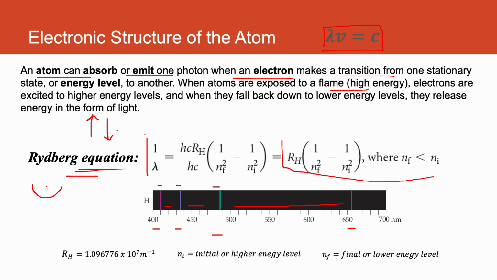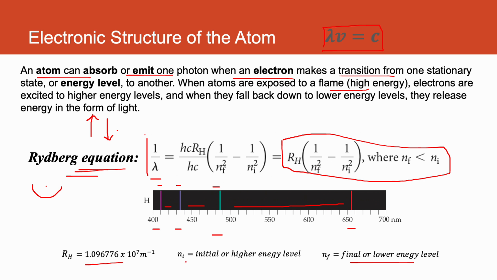Okay, so you have your 1 over lambda or your wavelength equals your Rydberg constant, which is 1.09667 times 10 raised to 7 meter negative 1, no? So 1 over meter, times 1 over nf squared, your final or lower level, kaya 'di ba nag-emit ka, so bali pupunta ka sa lower orbital or lower level.